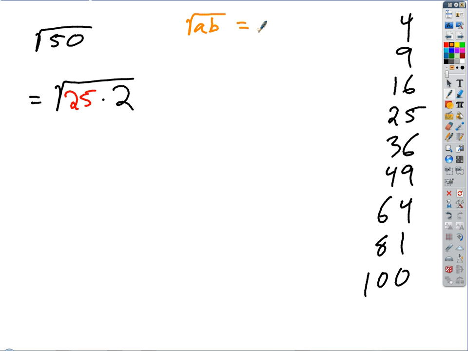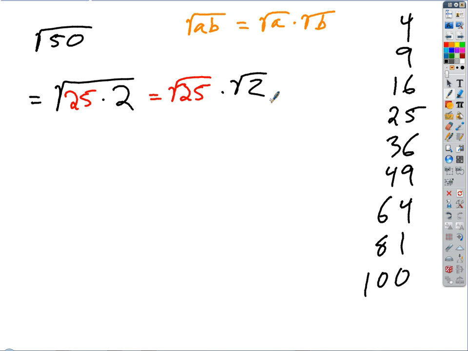The square root of a times b, I could write as the square root of a times the square root of b. So I can separate the square roots. Does that make sense? Why is that helpful here? Well, we can turn this into the square root of 25 times the square root of 2.